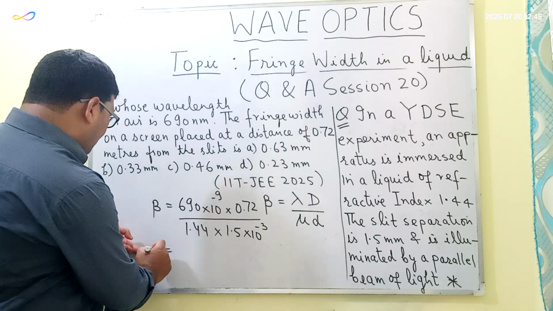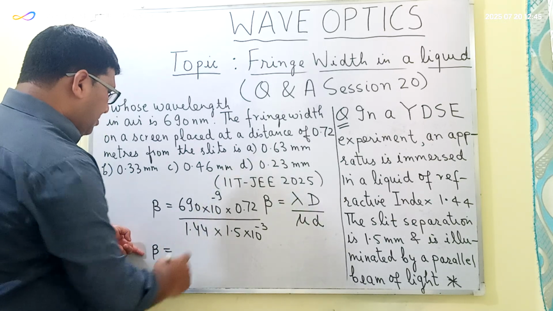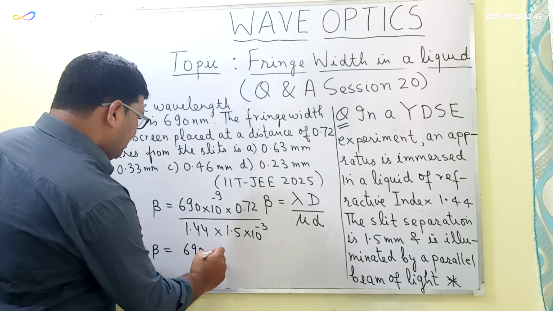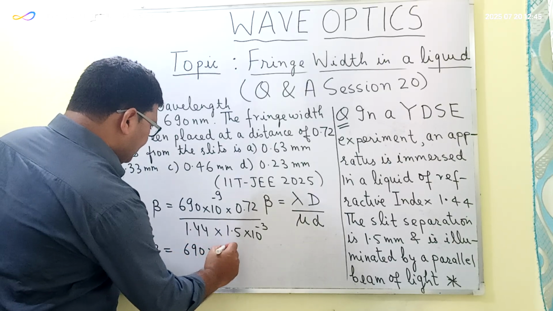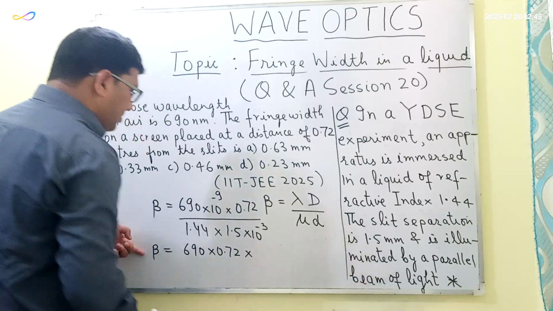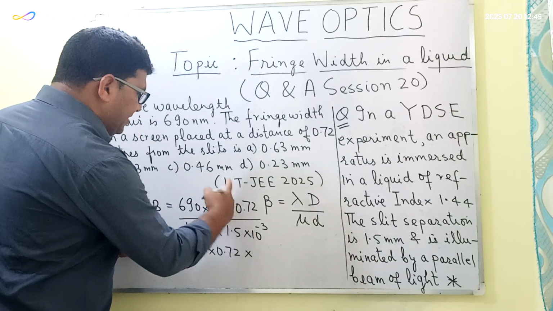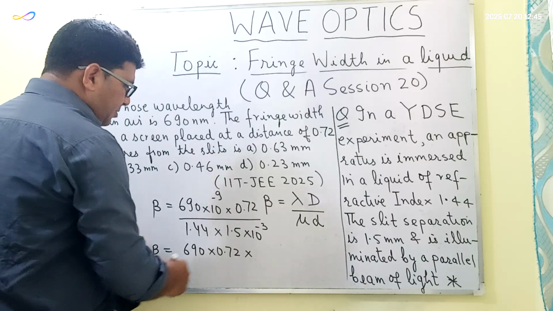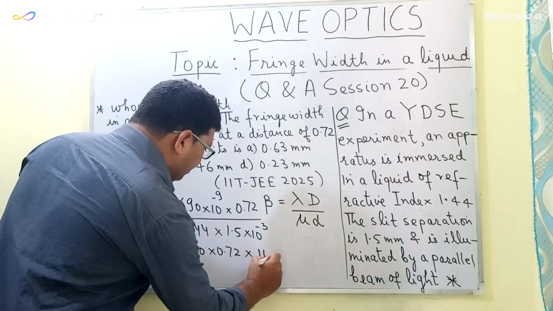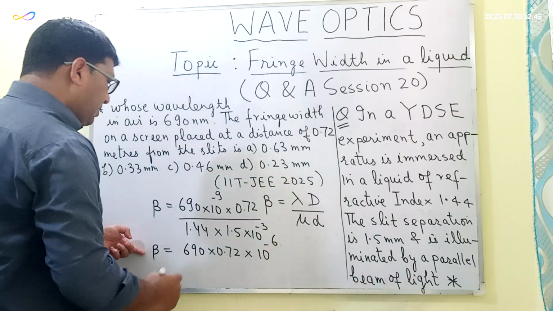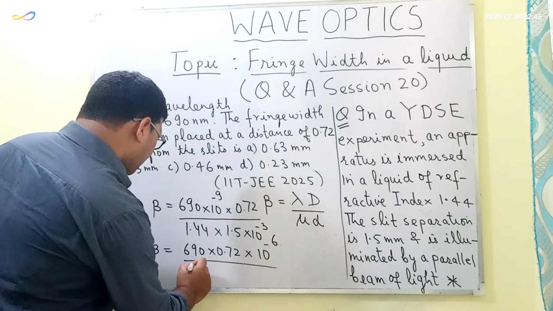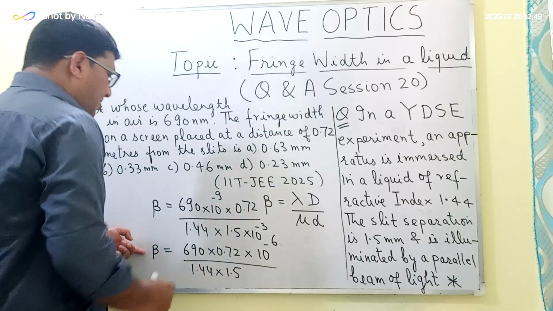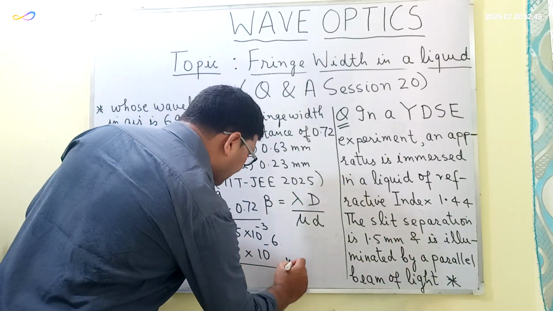Beta will be equal to 690 into 0.72, and the 10 to the power minus 3 goes into the numerator, so this will be 10 to the power minus 6, divided by 1.44 into 1.5, and this is the value in meters.